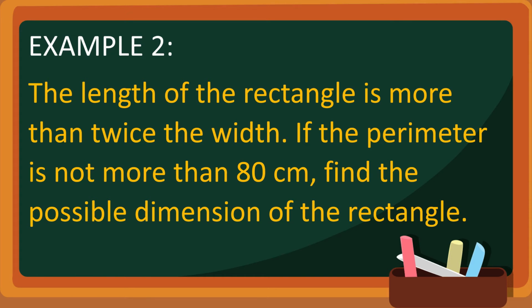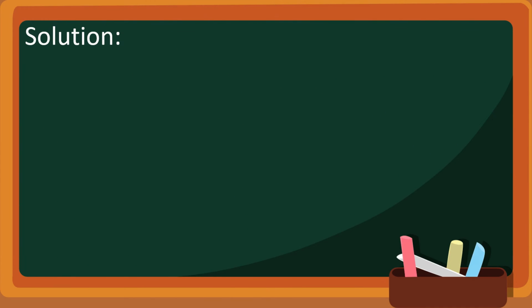Let us have an example for inequalities. Example number 2. The length of the rectangle is more than twice the width. If the perimeter is not more than 80 centimeters, find the possible dimensions of the rectangle. Let's solve the problem step by step.